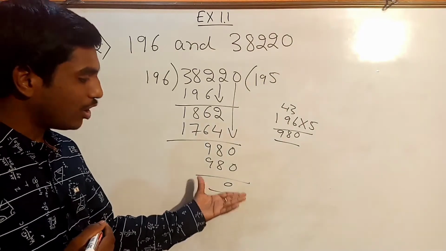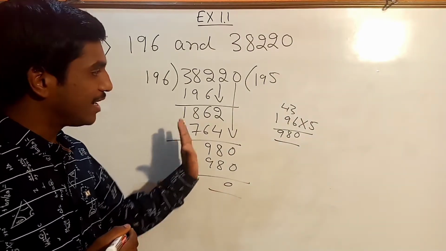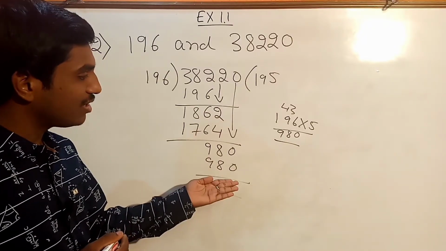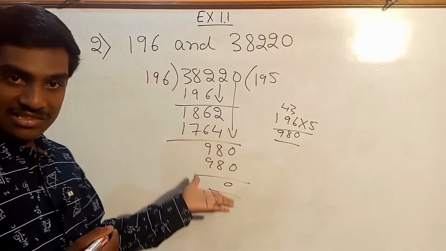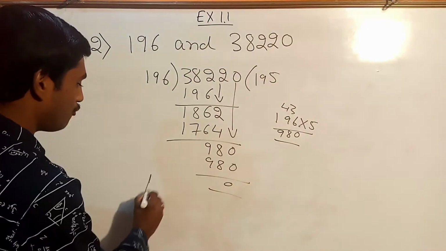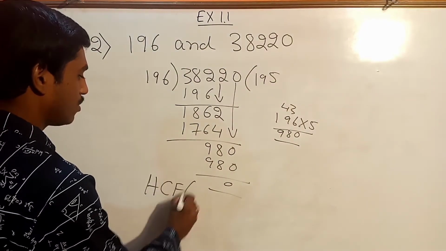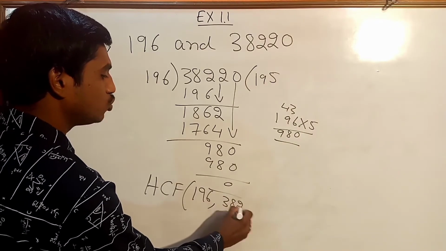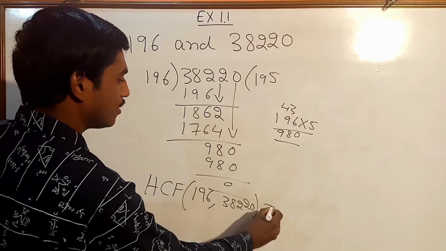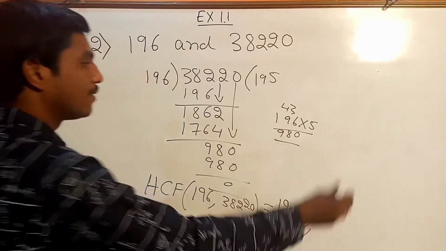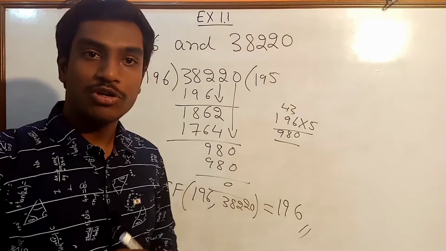Since we got remainder 0, we will not continue this procedure. So we will stop at this stage. Whatever the divisor is in this step will be the HCF of these two numbers. So the HCF of 196 and 38,220 is 196. I hope you understood this.